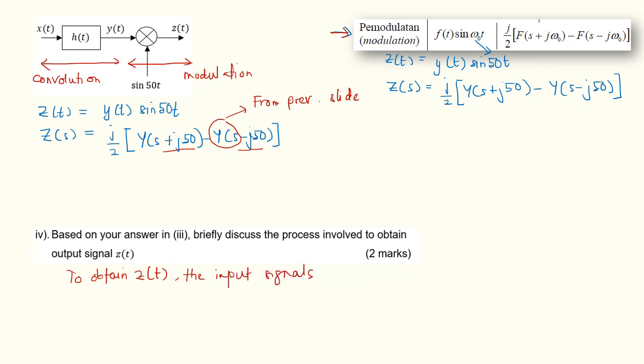So in this case, we have input xt, ht, and also sine 50. Experience convolution and modulation processes. Okay. All right. So that's all for this question.